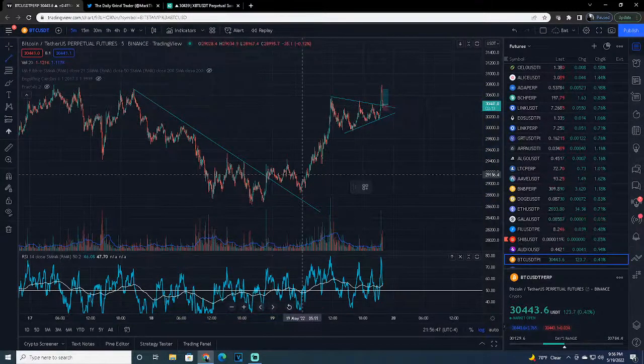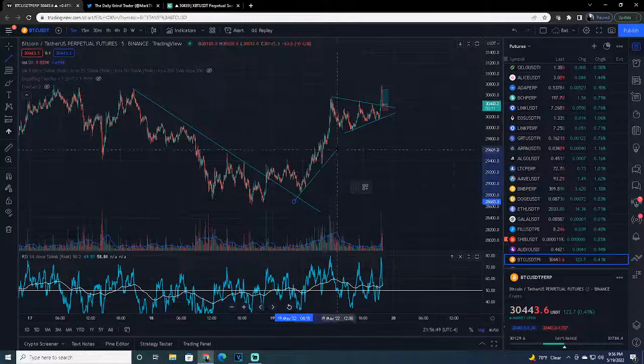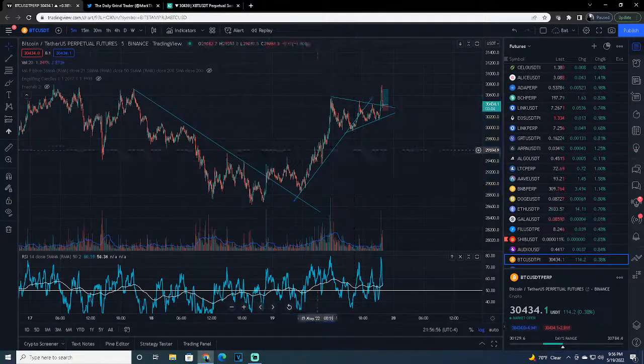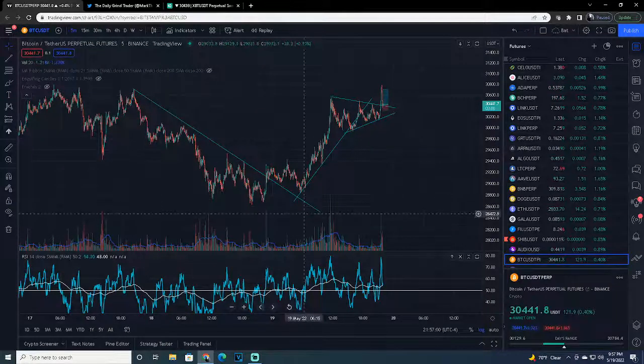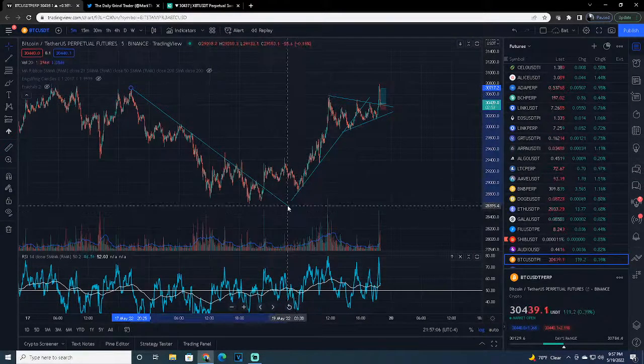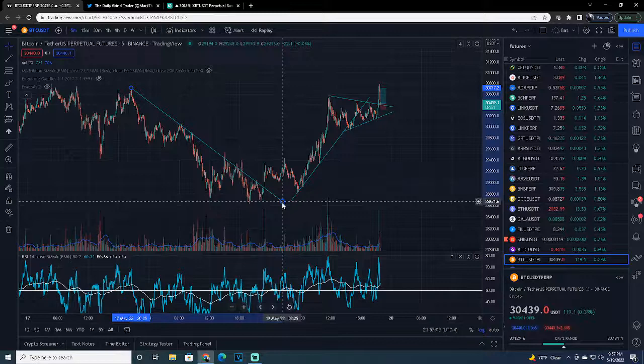Then we have a pretty easily identified uptrend. Now we also get a lot of times, and I could have probably made this a little bit tighter like here, yeah, probably more like that.